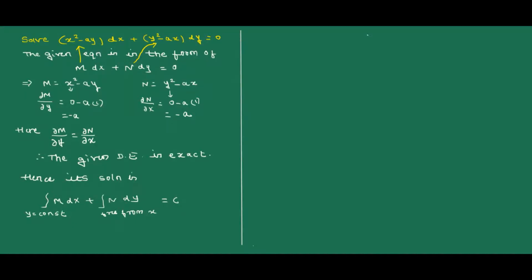So now substitute the values. This is integration of M into dx, the term y is constant, so that is (x square minus ay) dx. Here y is equal to constant, I will write, and then plus, now integration of the term in N not containing x, means free from x.